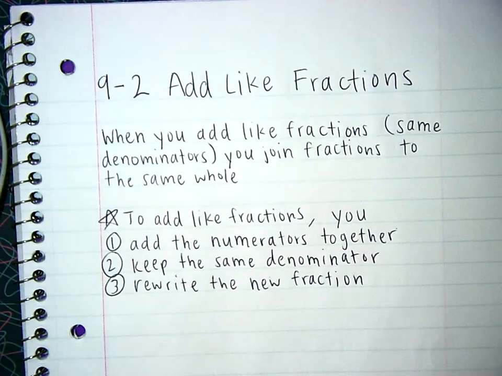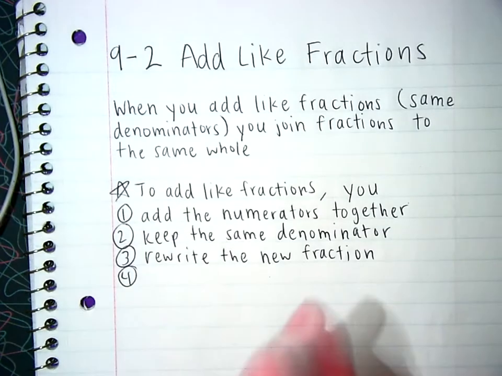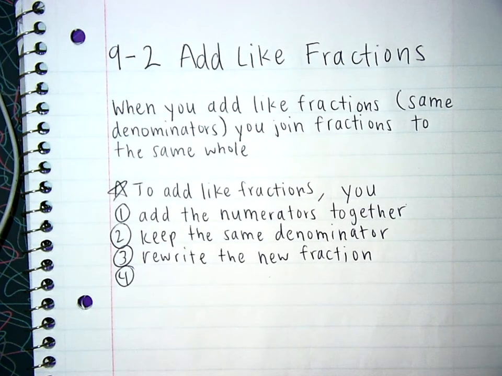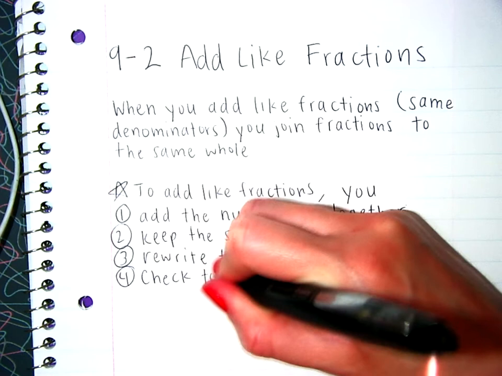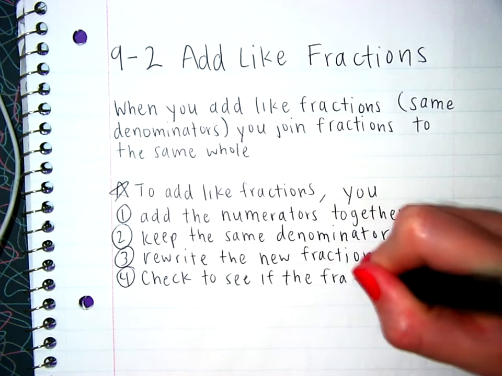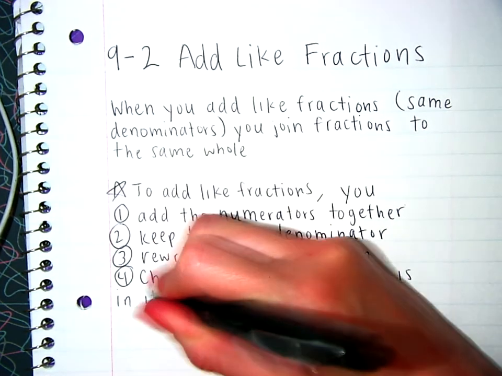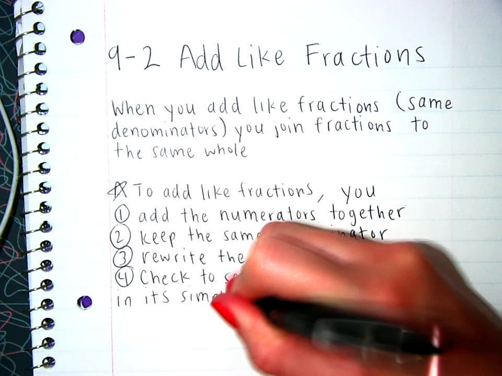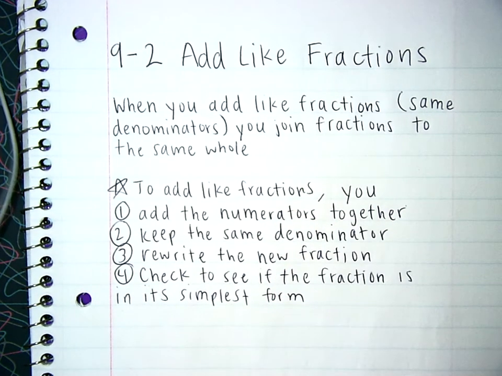And then the fourth step, which is going to be in pretty much every instruction for your lesson and for your examples, is then check to see if the fraction is in its simplest form. And if you forgot what it means for the fraction to be in its simplest form, that's when the numerator and the denominator only share the factor of 1.